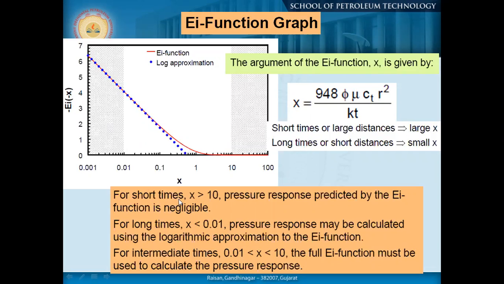For short time, X greater than 10, the pressure response predicted by the EI function is negligible. Below 0.01, the pressure response may be calculated using the logarithmic approximation of the EI function. And for intermediate times, 0.01 to 3 or maybe 10, we need to use the EI function expansion algorithm.